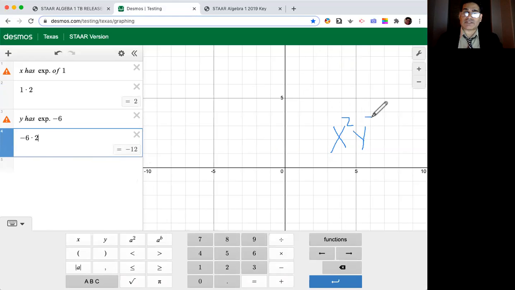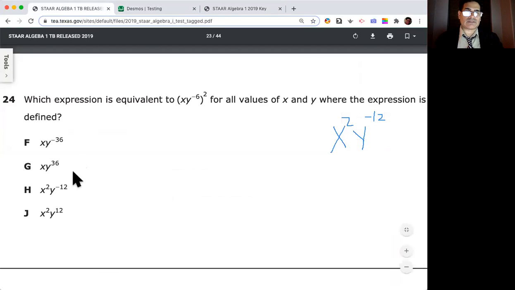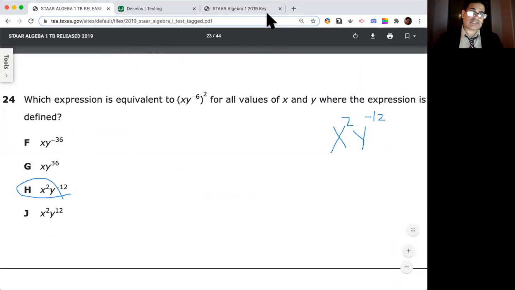So that's what our expression should look like: x squared, y to the negative 12. x to the power of 2, y to the -12. I see that H has that, so let's choose that one, and we'll chalk it up to Desmos keeping us clean.